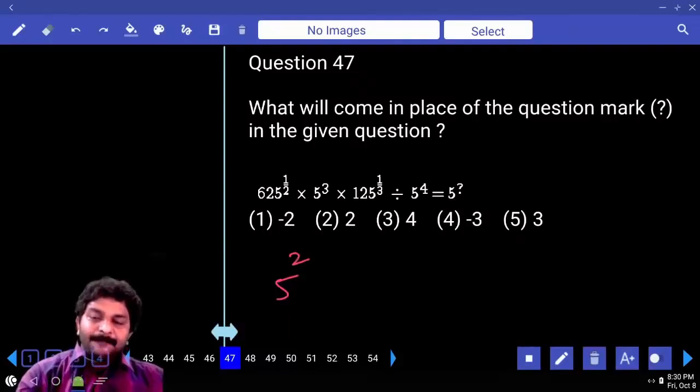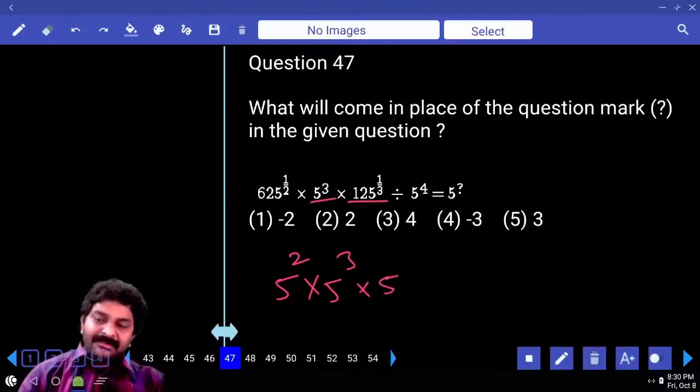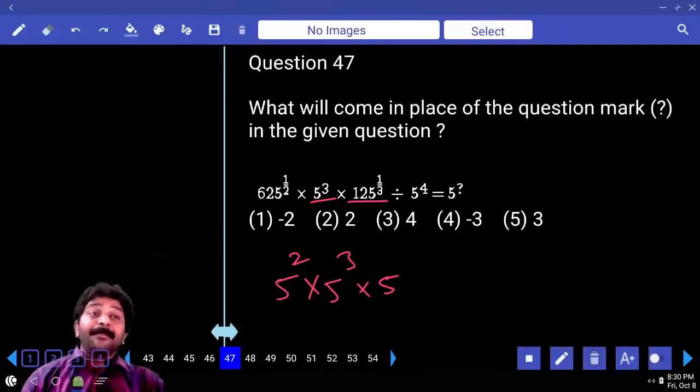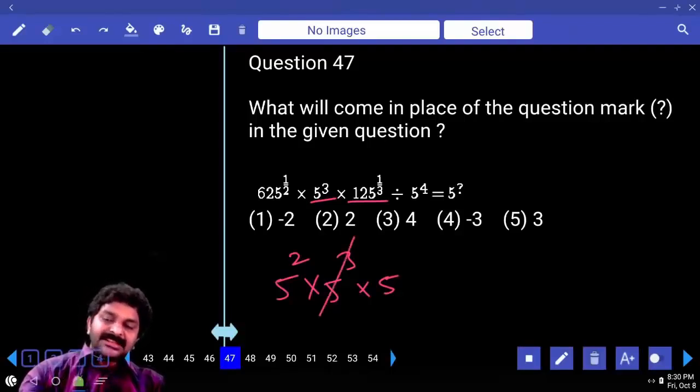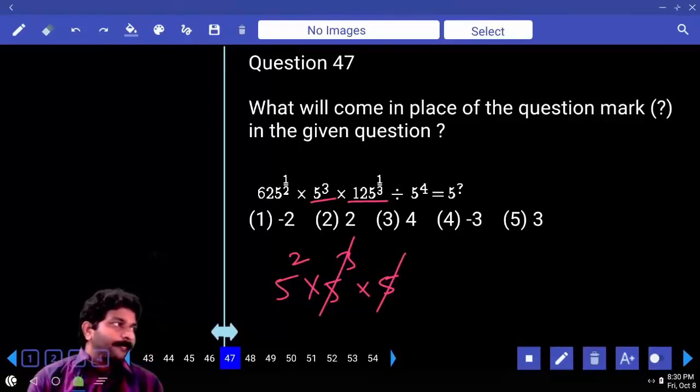So 5 square into 5 cube into 125. 5 cube power 1 by 3, that is 5 divided by 5 power 4. So can we cancel 5 cube and 5? So how much is left? 5 square, that is 2. X value is 2, second option. Done.